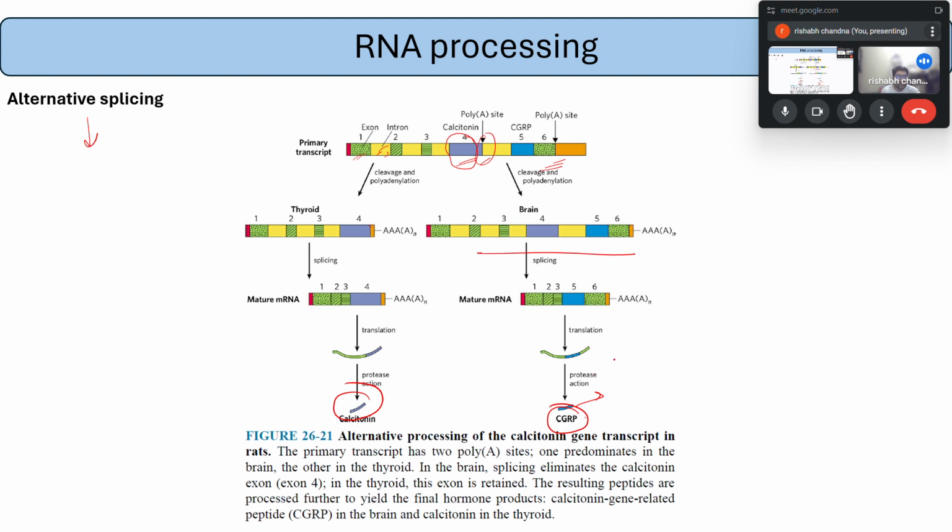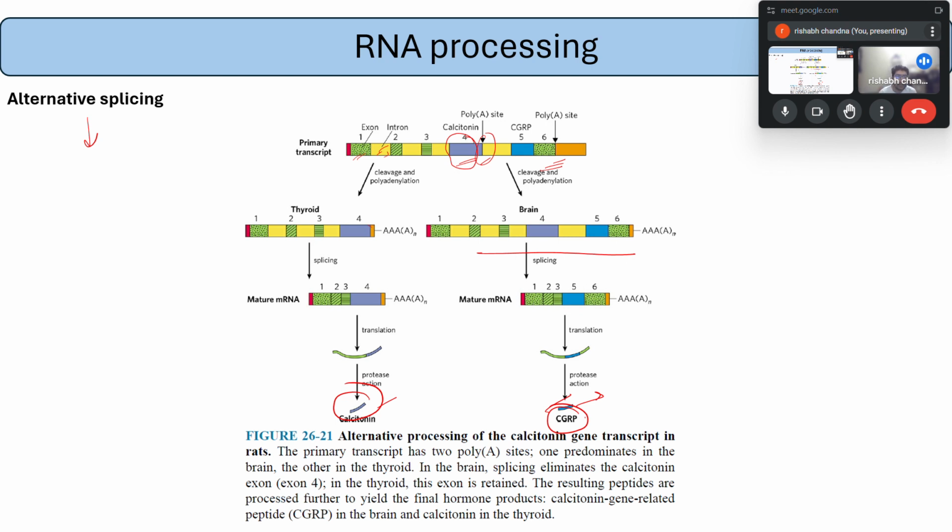So this is the case where the same molecule which is alternatively spliced leads to two proteins helping in different processes. We'll see more examples of alternative splicing in the next class, but this was the first example where calcitonin primary transcript leads to the formation of calcitonin and CGRP in brain.